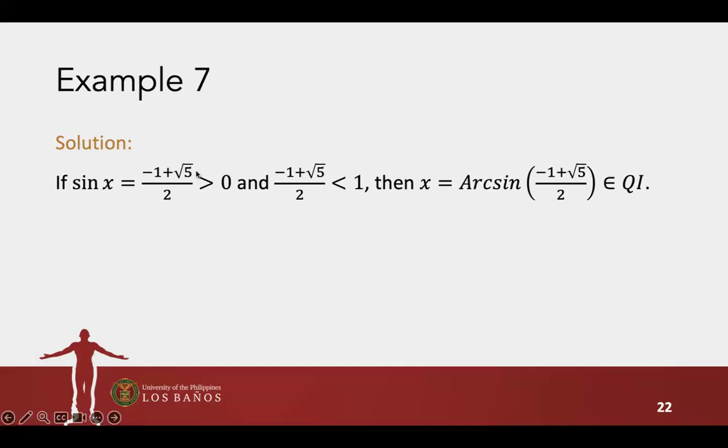Again, take note, your square root of 5 is more than 2 but less than 3. Okay? So if this is more than 2 but less than 3, we subtract it by 1, then we're sure that this value, your numerator rather, must be more than 1.